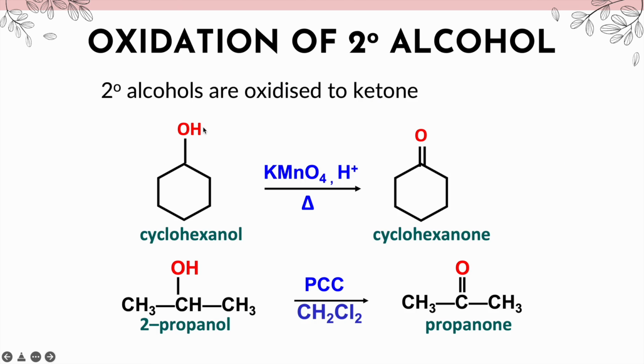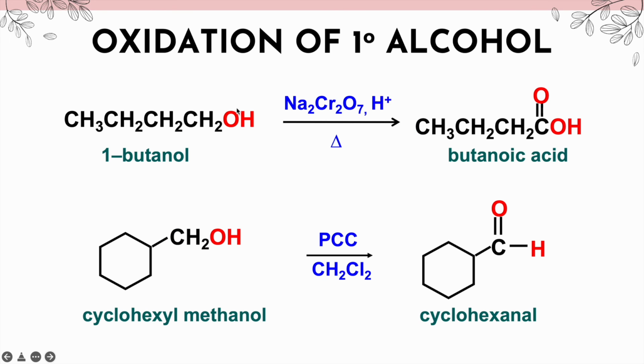So this carbon attached to OH has hydrogen, so oxidation can happen. This primary alcohol, we use a strong oxidizing agent. Carboxylic acid will be the product.